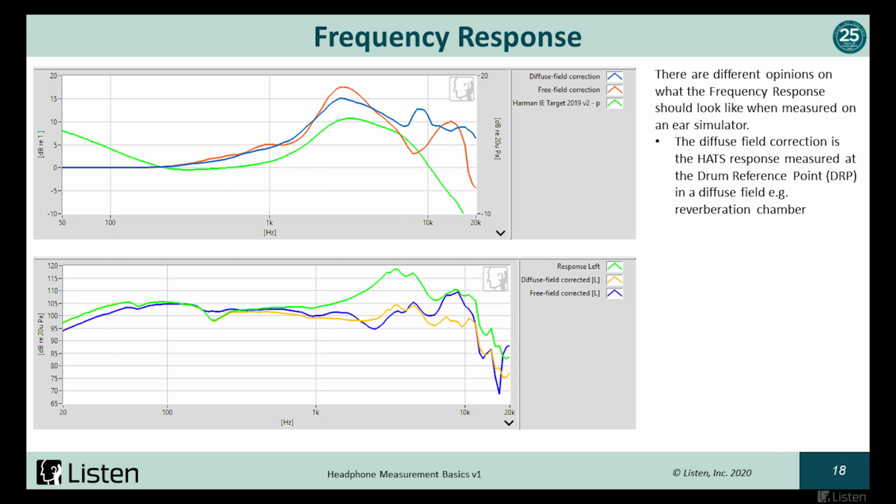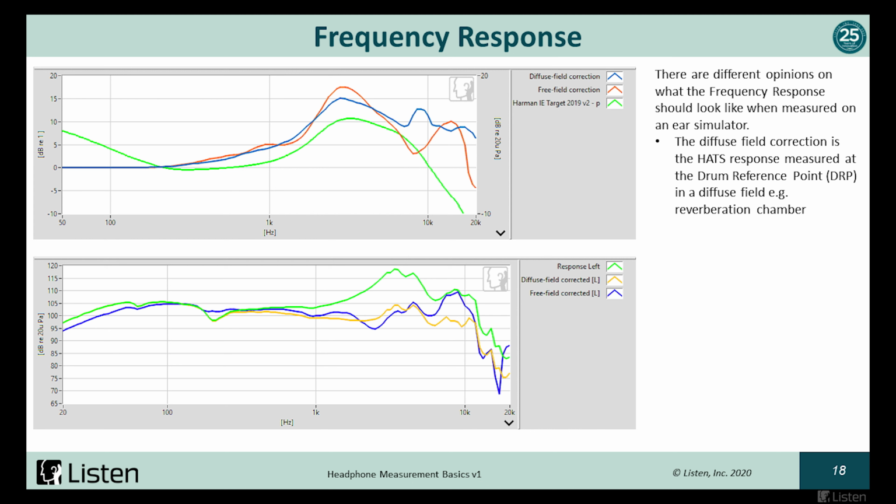So all the sound is coming from every angle, not too realistic unless you listen to music in a reverberation chamber, but somewhat realistic in the sense that when we listen to music, like in a concert hall or even a live band, there's a lot of reflected sound coming at you.